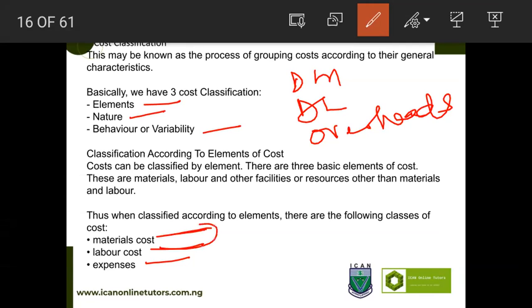Labor that are going to work in the production of the material which you have bought, you will spend on them. We call it labor costs. And the other one is what we call overheads, or let's call it expenses, which is other costs that you incur in the process of manufacturing and that of your labor.